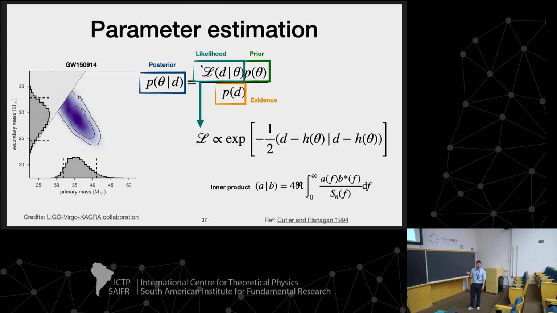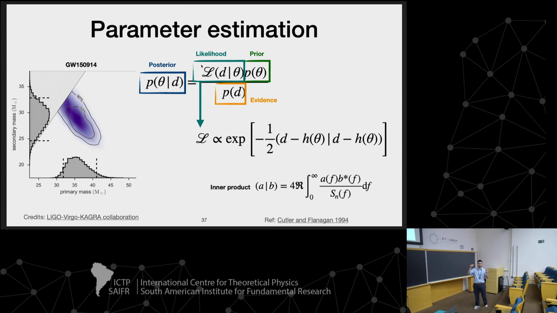Then we have the likelihood, which is the most important part of parameter estimation in this sense. In the likelihood, what you're doing is subtracting the waveform at given parameters from the data coming from the detector. So the likelihood is the data given the waveform parameters.